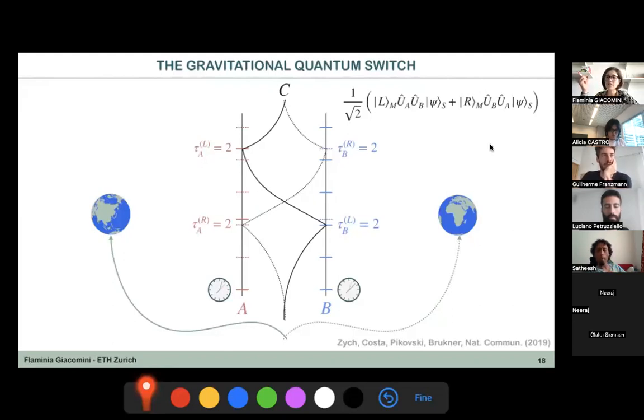But the one that I showed you before, in the gravitational field of the Earth, there are experimental groups that are actually trying to do that now. So this is definitely not a futuristic goal to achieve.